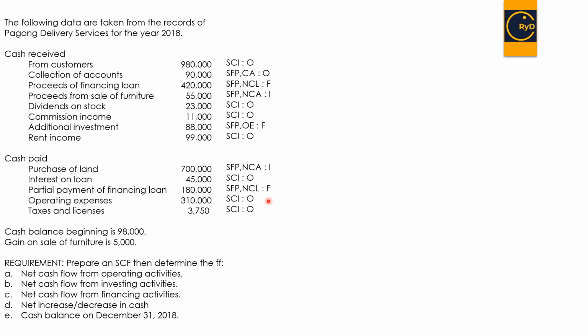And then we have our taxes and licenses. This is found in our SCI, in the lower portion, class. We will discuss this in the later part of our topic, under the title of taxation. If you can recall, our SCI, the end portion is net income.